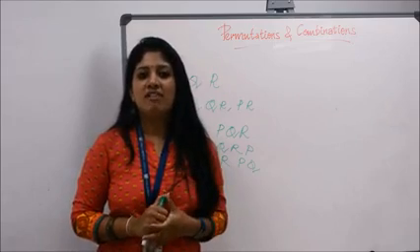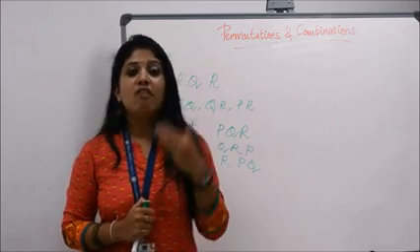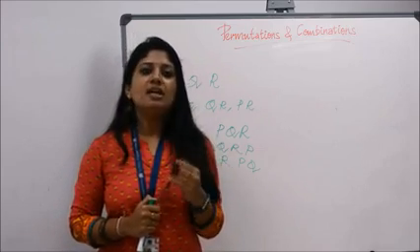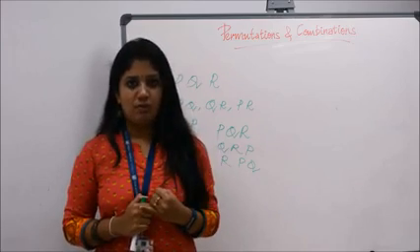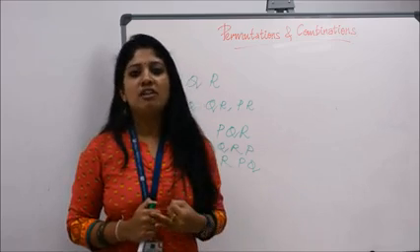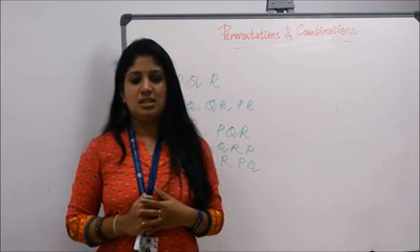Then you have to see whether order is important in the question. If order is important, then you can identify that it is a permutation question or an arrangement type of question. If order is not given any importance, then it is a combination type of question.